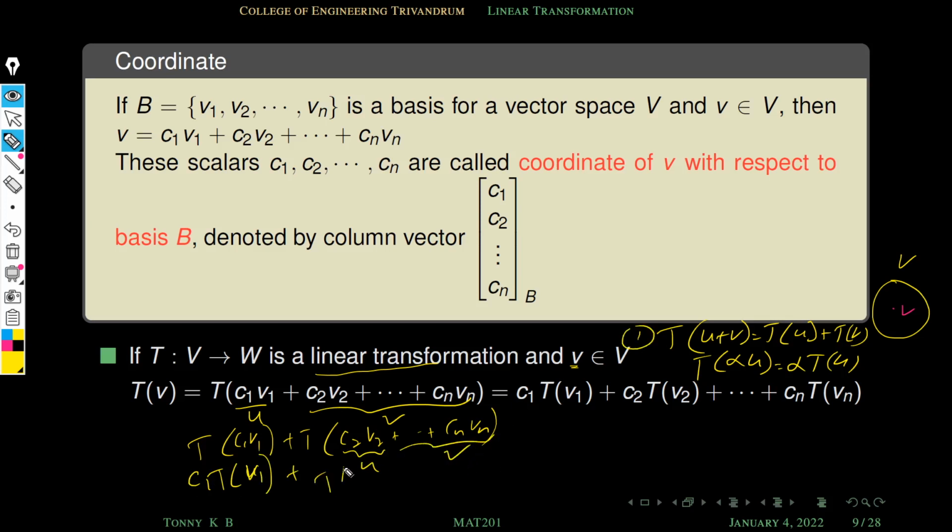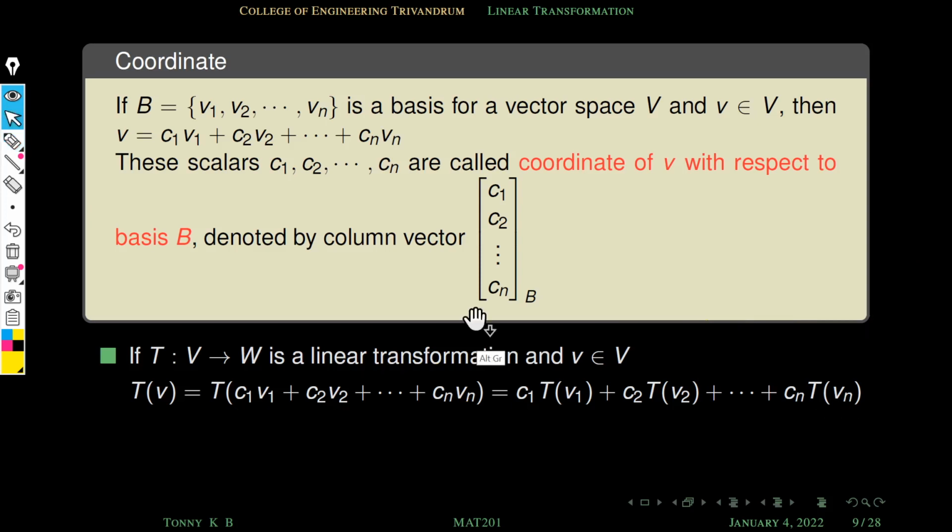Then this is T of c2 v2 plus T of the remaining terms. Again you apply these properties, and you can ultimately get T of c1 v1 plus c2 v2 etc plus cn vn equal to c1 times T of v1 plus c2 times T of v2 etc plus cn times T of vn.